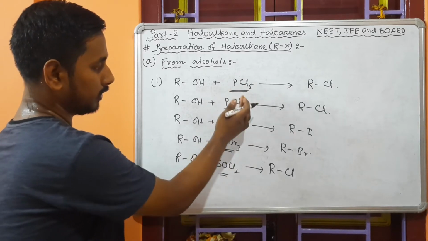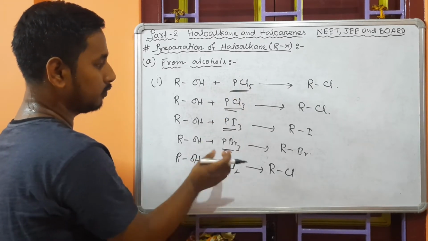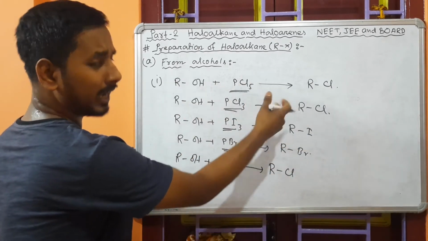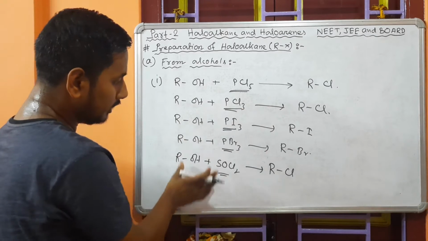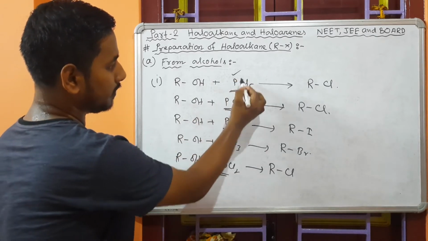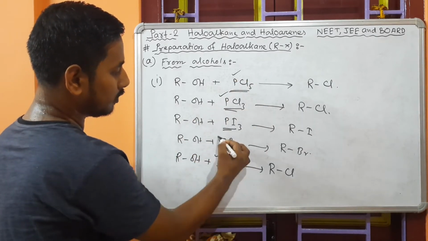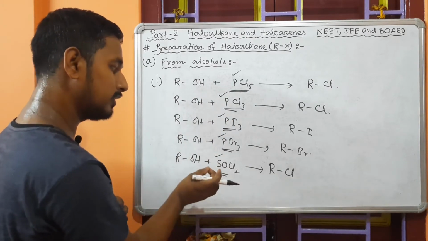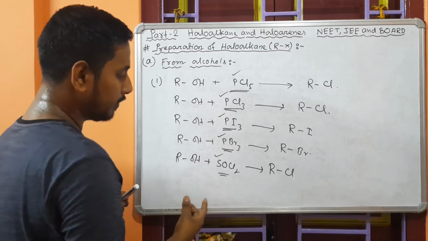So we use phosphorus halide and thionyl chloride to get the different alkyl halides. Among these reactants, PCl5, PCl3, SOCl2, PBr3, PI3, which one is the best one?